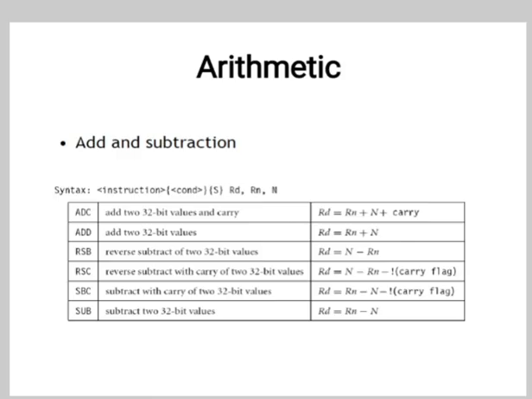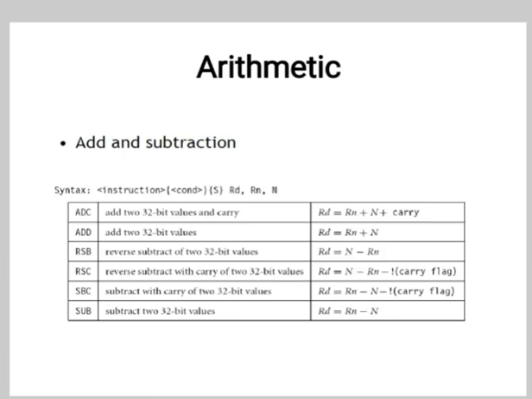If the instruction is only ADD, then Rd is equal to Rn plus N. If the instruction is RSB, that is, reverse subtract of two 32-bit values, then Rd is equal to, as it is reverse, N minus Rn. RSC is reverse subtract with carry, so N minus Rn minus carry flag.